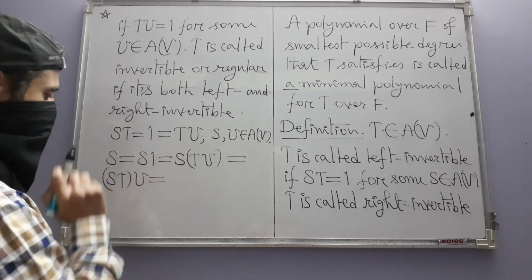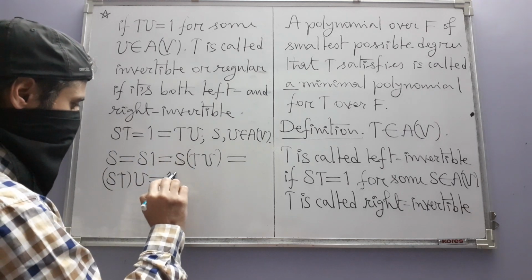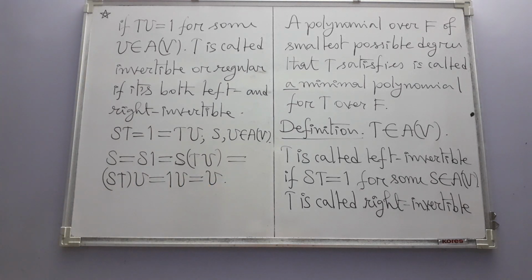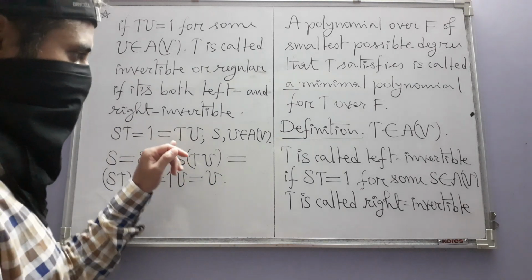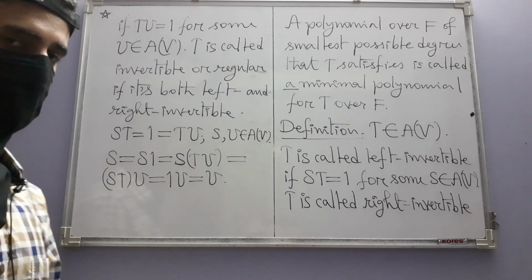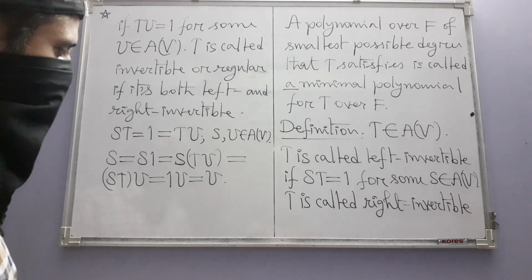But ST is also 1, so 1U, so this is equal to U. So you see that if T is invertible or regular, then these two elements have to be the same.